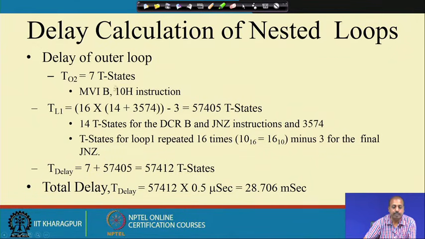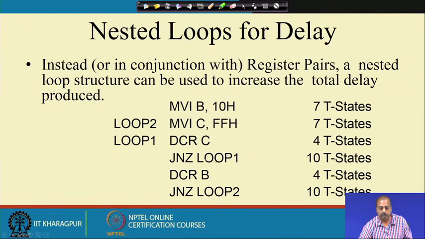Then for the outer loop, that is 7 T states because of this MVI B instruction, and then the outer loop body. The outer loop has this decrement B and this JNZ, so that is 14 plus whatever delay is needed for loop 1.